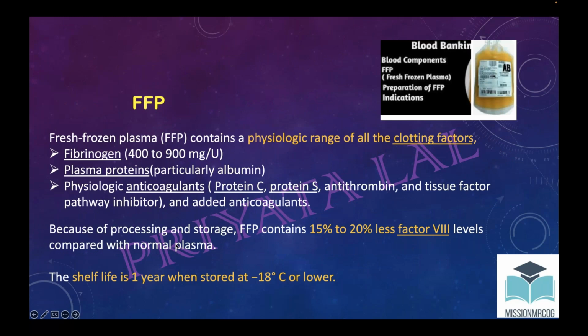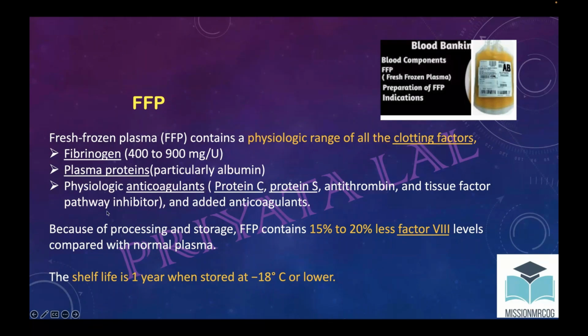So what is FFP? FFP is fresh frozen plasma. It contains the physiological range of all clotting factors: fibrinogen, 400 to 900 milligrams per unit; plasma proteins, usually albumin; physiologic anticoagulants, protein C, S, antithrombin; and added anticoagulants.